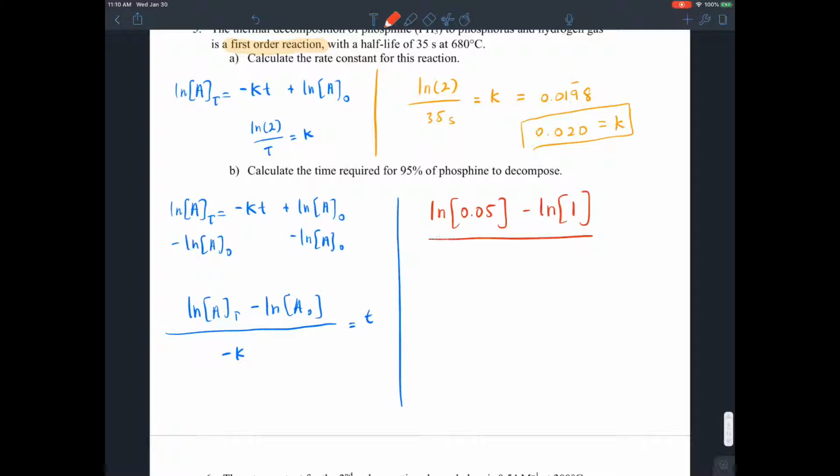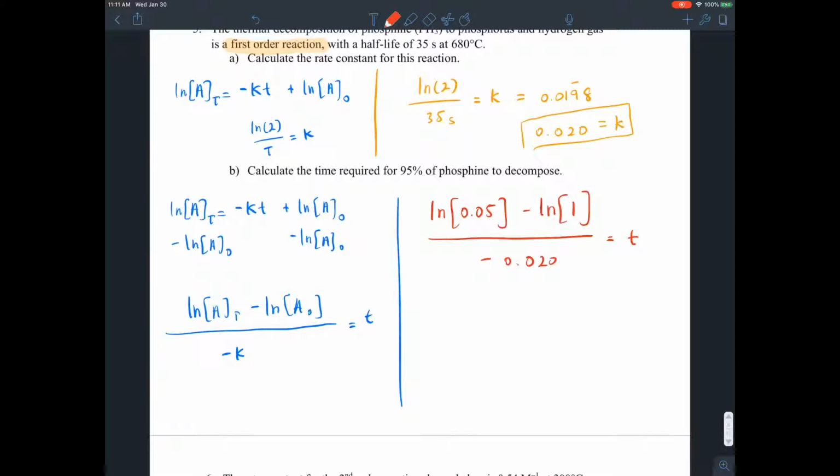And divide that by our rate constant, which we found before, so negative k, that's negative 0.020, which is equal to our time for this to decompose.